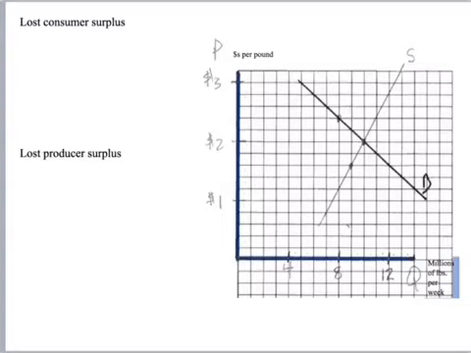The upper part of the deadweight loss triangle represents the lost consumer surplus. That triangle is 40 cents per pound tall and 2 million pounds per week wide.